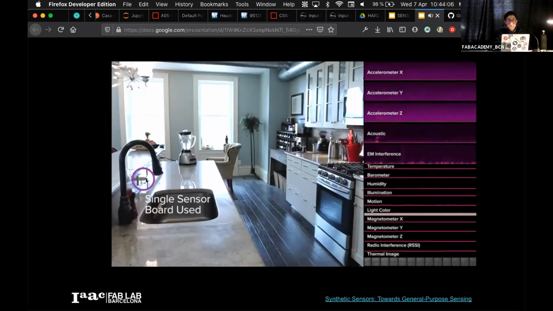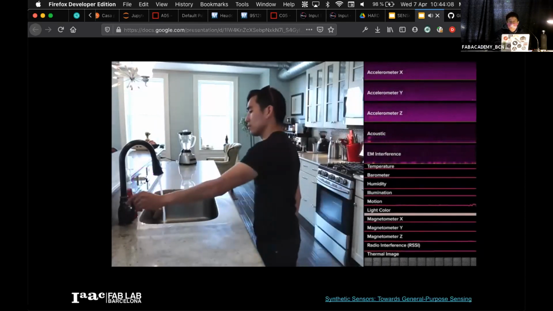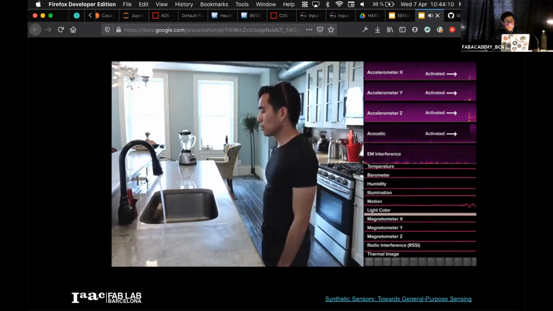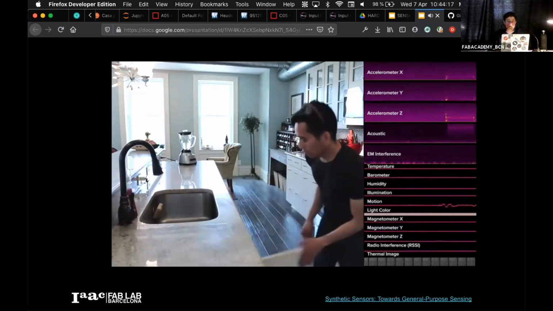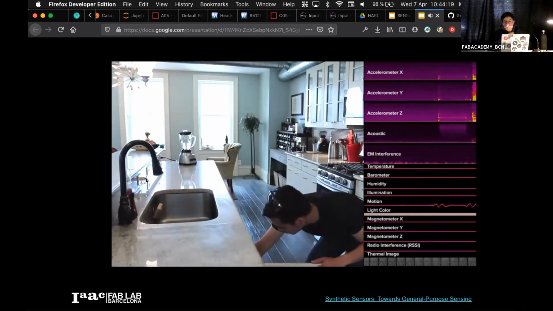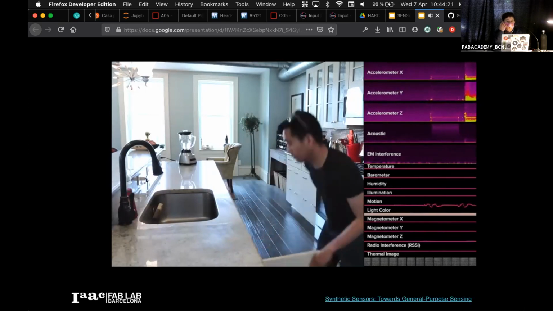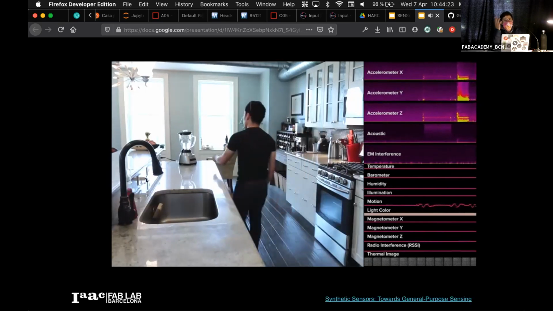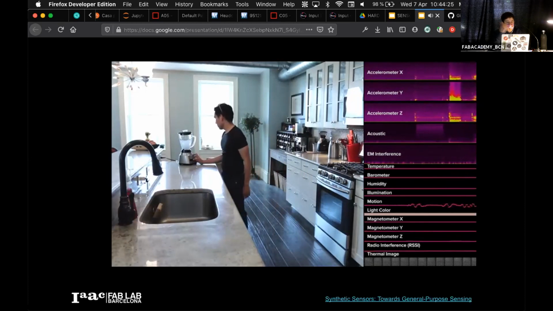These are the possibilities that you get by making use of this technique. On the right side, you have a bunch of sensor readings. There can be accelerometers, electromagnetic interference, temperature, barometers, etc.